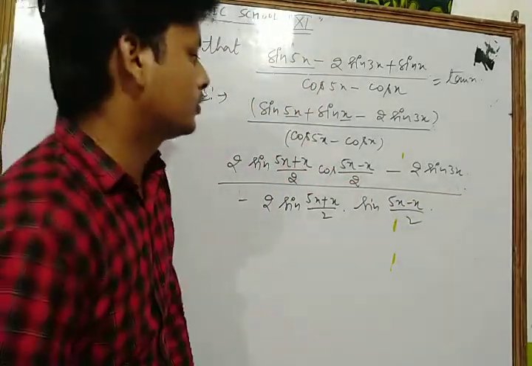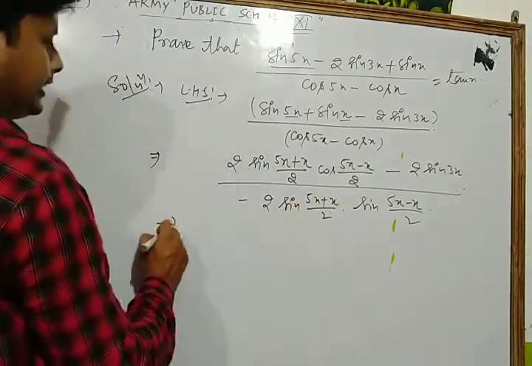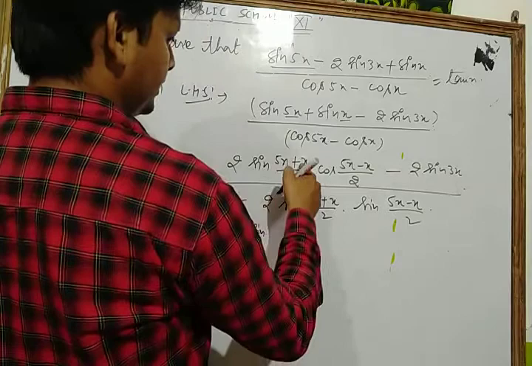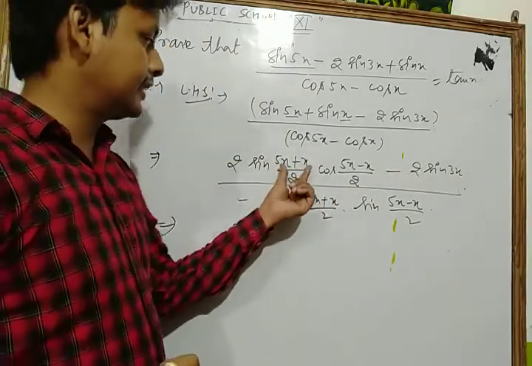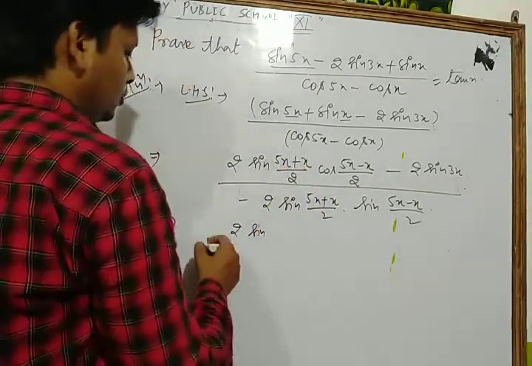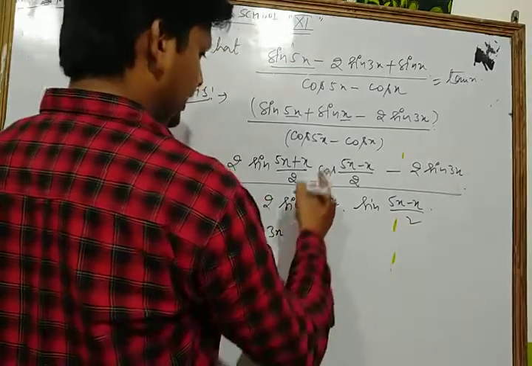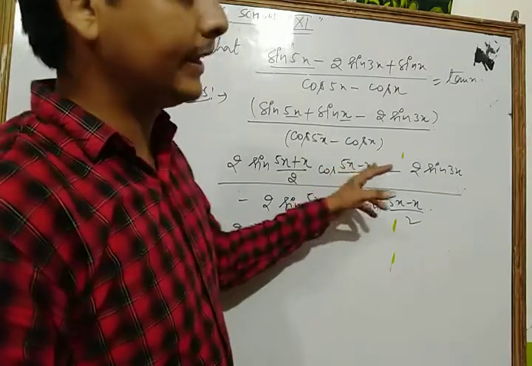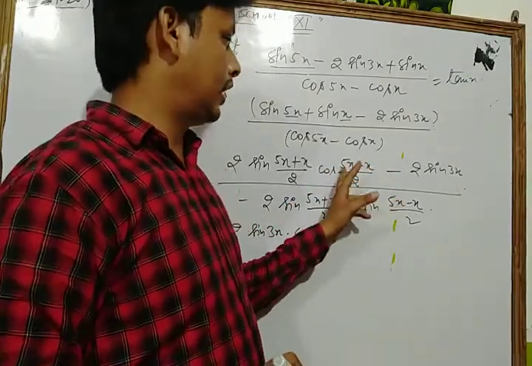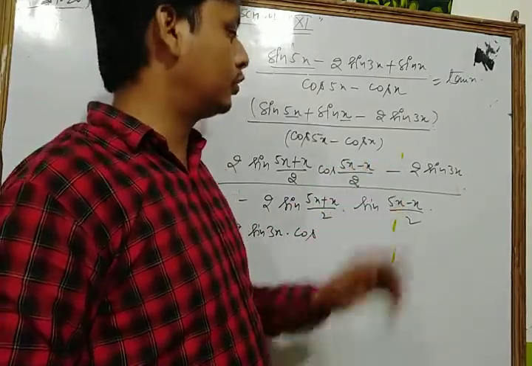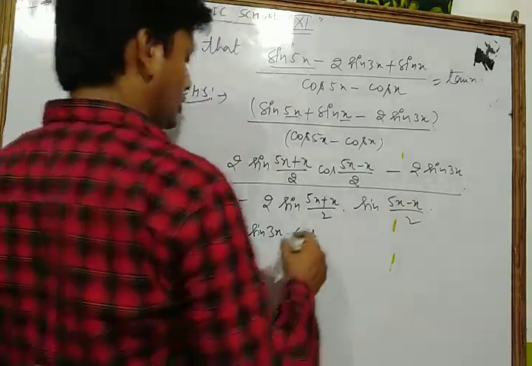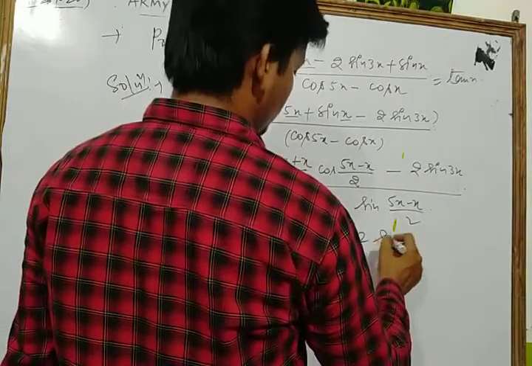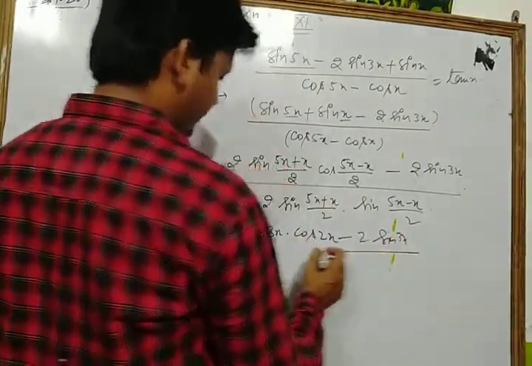After solving it, in the numerator I get 2 sin of (5x plus x), that is 6x, and 6x by 2 is 3x. So 2 sin 3x into cos of (5x minus x) upon 2, that is 4x upon 2, that is 2x, cos 2x, minus 2 sin 3x left.